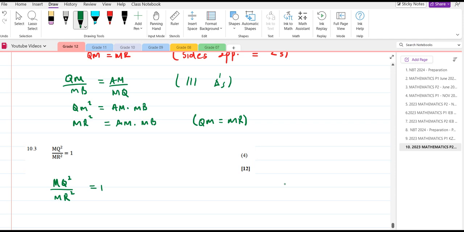This is such a simple problem. So what we're going to write is MQ squared over MQ squared. Why are we replacing MR with MQ? Because we know MR is equal to MQ from question 10.2. And now both cancel out. The answer is just 1.